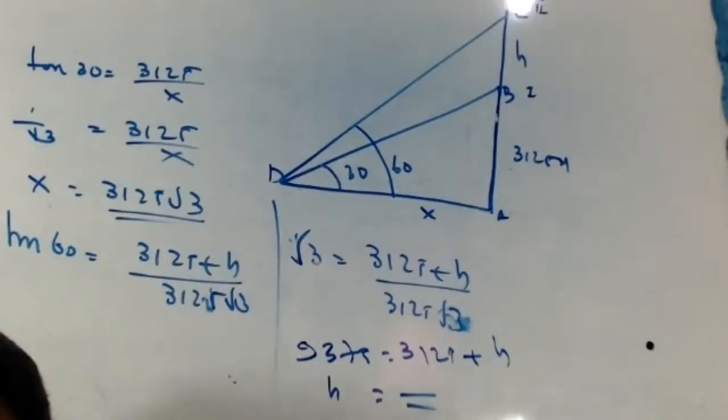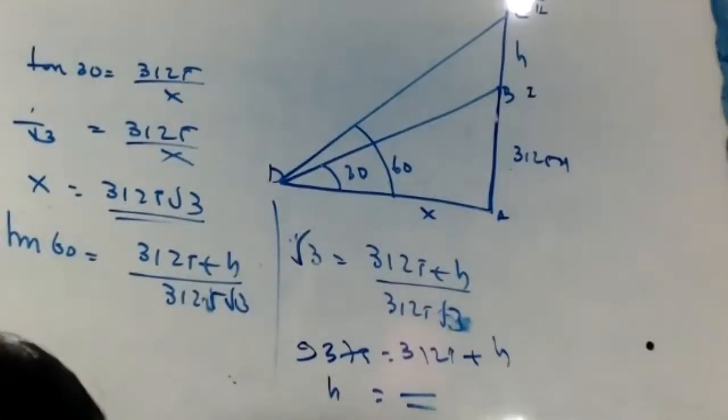Okay. Find the height of the poles and the distance of the point from the poles.